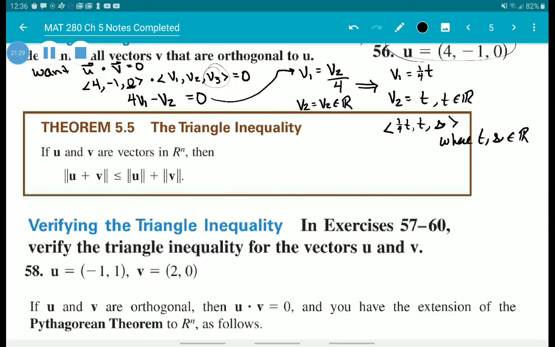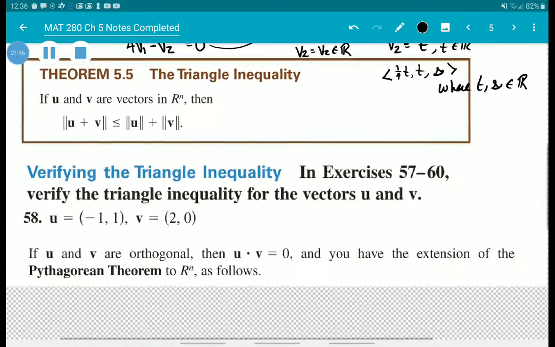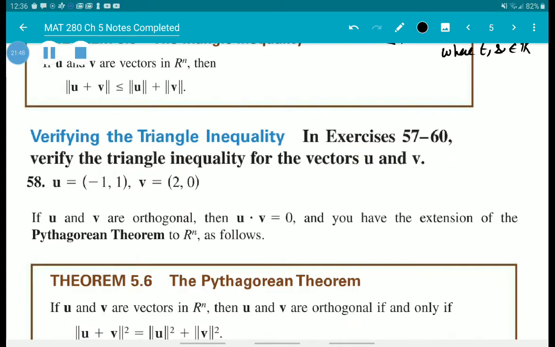So if u and v are vectors in Rn, then the magnitude of the sum u plus v is going to be less than or equal to the sum of the magnitude of u plus the magnitude of v. So what's going on here, we could actually think about this in terms of triangles. Let's say we have two vectors in space, u and v.